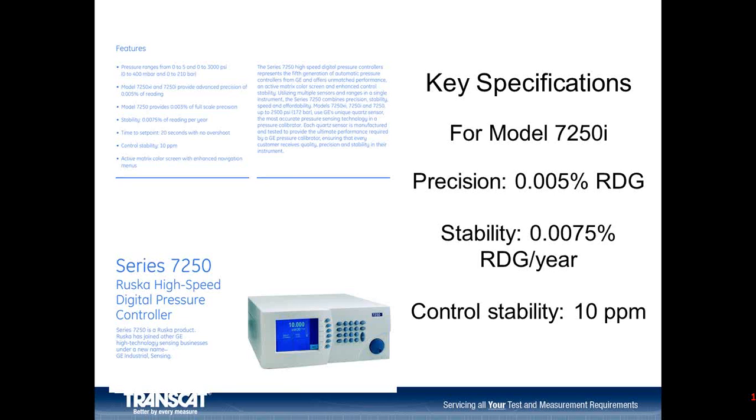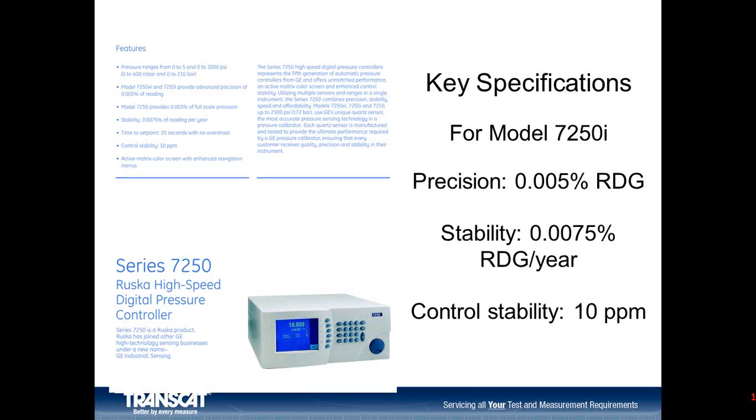So there are some key specifications here summarized over to the right. Precision, this is the combined effect of linearity, repeatability, hysteresis, and such like that. But it does not include the long-term stability. That's a separately stated term, also shown to the right.